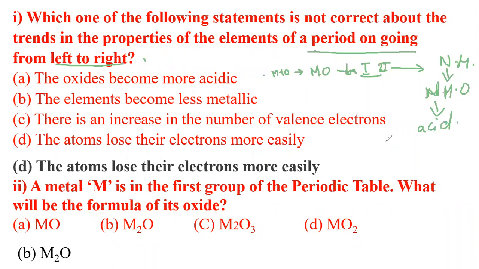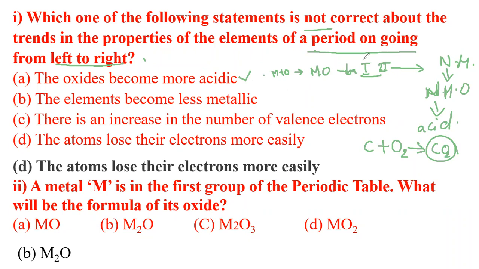The best example is a non-metal like carbon reacting with oxygen to form carbon monoxide or carbon dioxide. These are acidic in nature. So the first option is a correct statement, but they're asking for the not correct one. Now go to the next option. We will check whether the elements become less metallic.